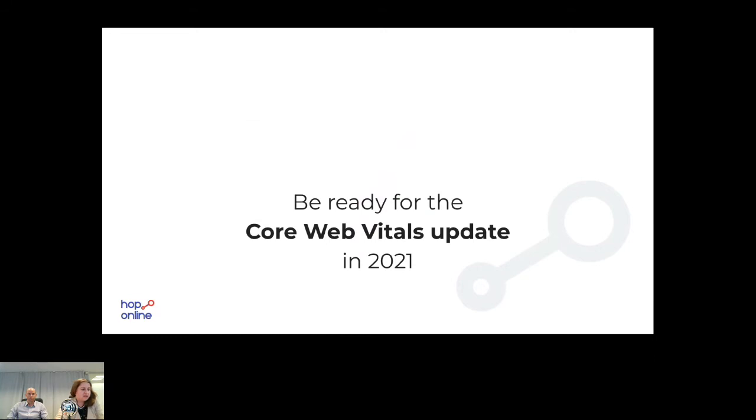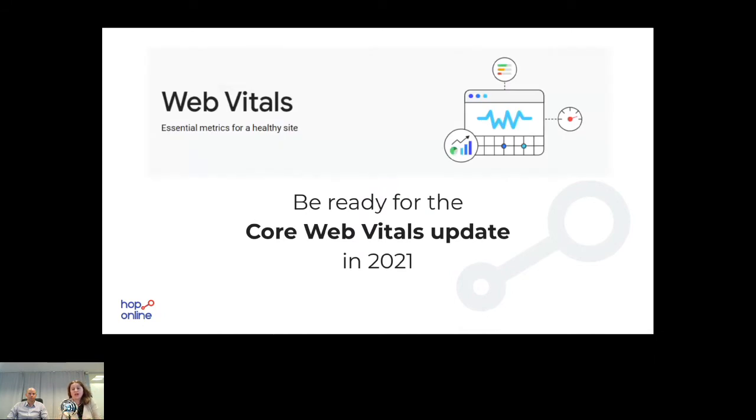So the next item that I want to mention in here is something relatively new, the so-called Core Web Vitals update, which was announced about a week ago by Google. It is connected to usability, page speed, and engagement. And this is something that they're going to publish next year.